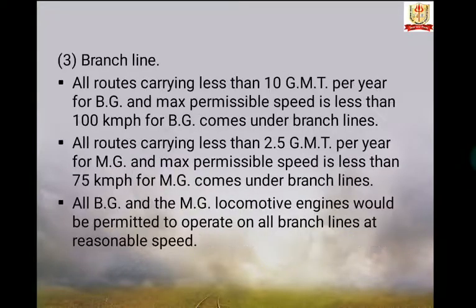Third, branch line. All routes carrying less than 10 gross million ton per year for broad gauge and maximum permissible speed less than 100 km per hour for broad gauge come under branch lines. And all lines carrying less than 2.5 gross million ton per year for meter gauge and maximum permissible speed less than 75 km per hour for meter gauge come under branch lines.